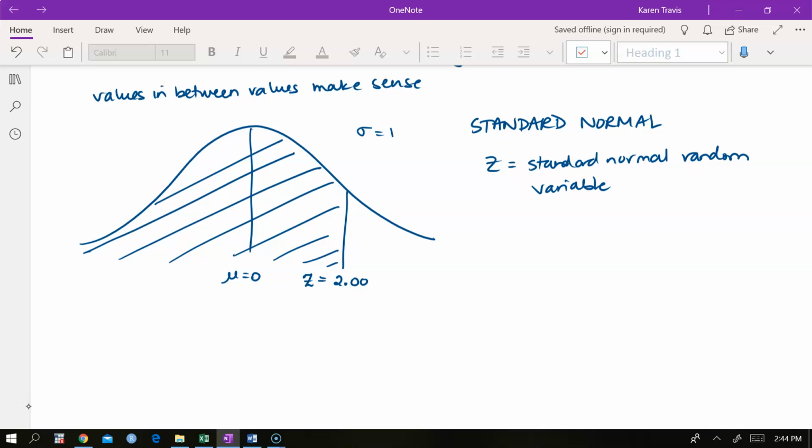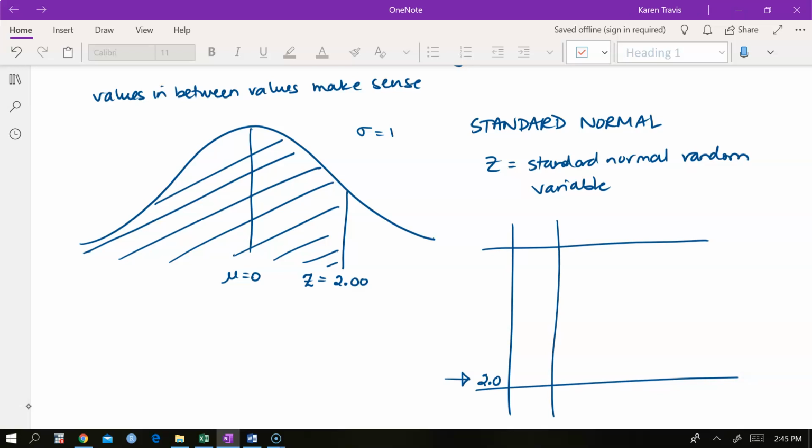So in particular, if we said z equals 2.00, if you go and look at your normal table, it has columns and it has rows. So the way we're going to be looking at your table, I can't show it both at once, there is a row that says 2.0, and then the first column says 0.00.